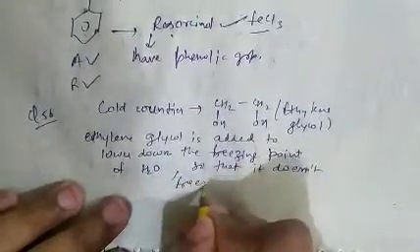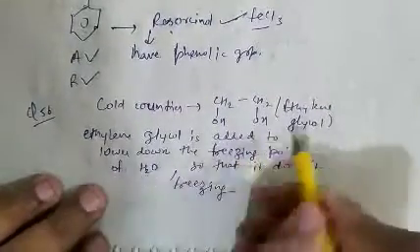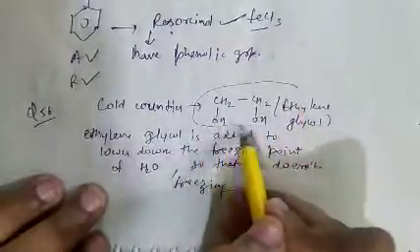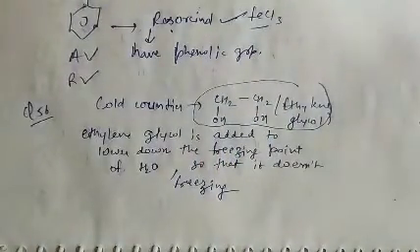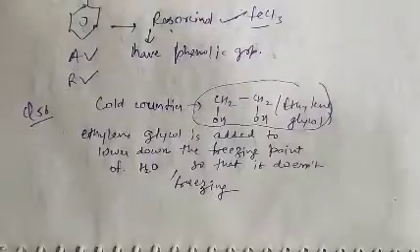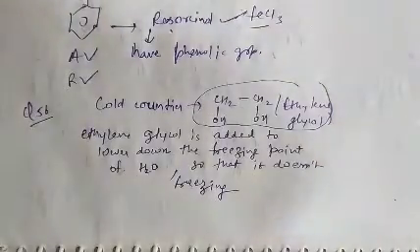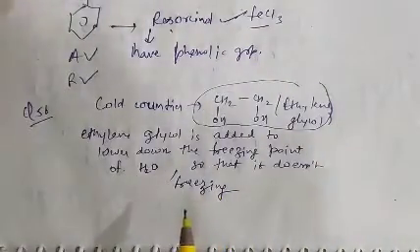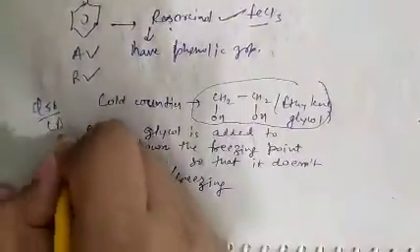So freezing of water is avoided by addition of ethylene glycol in the radiator. It is used to bring down the freezing point lower. So question number 56, option A is correct.